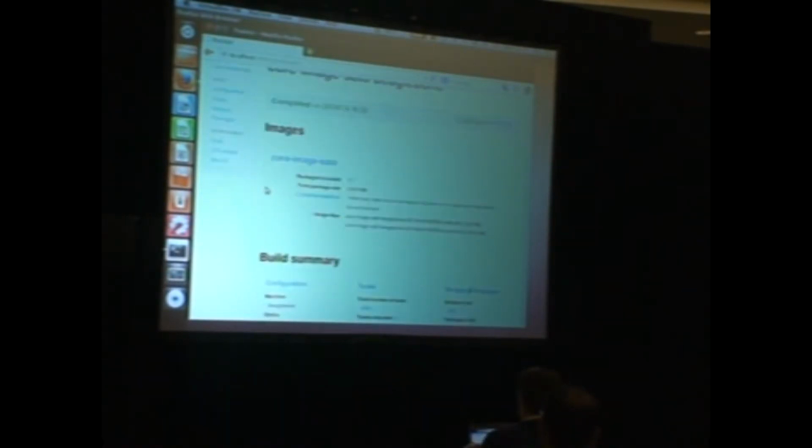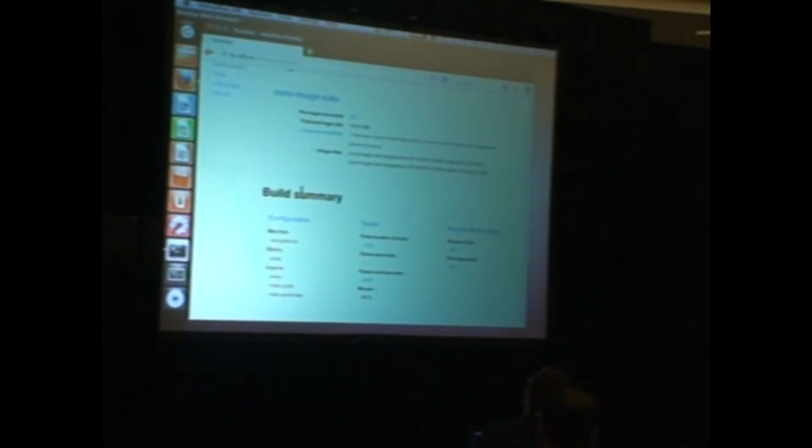So something must have changed with the second one. This one says that 627 packages were built, and the other one says something like 6,000. So I'm going to guess that I have to look somehow at the packages that were built.